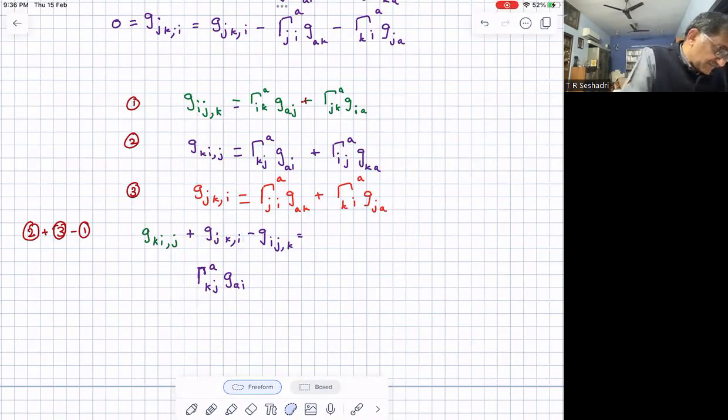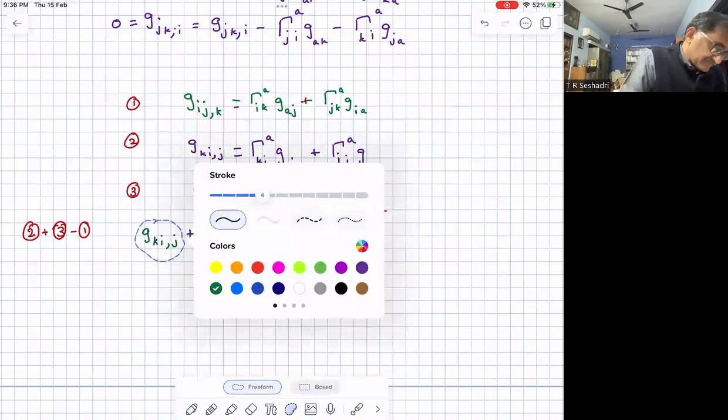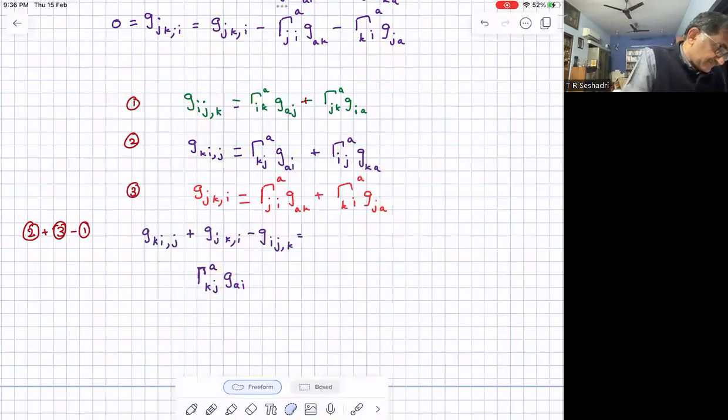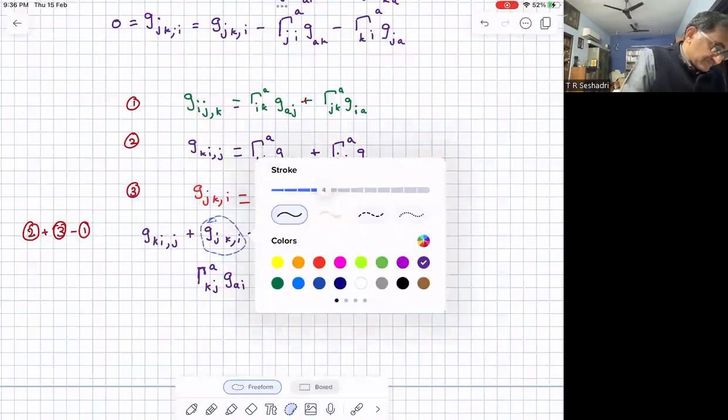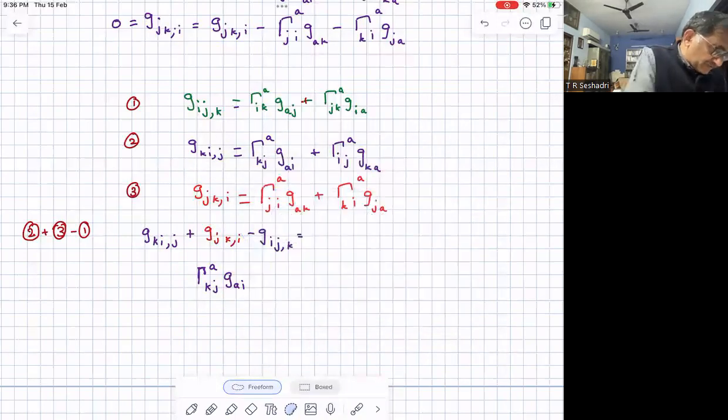This is okay. Oh no, Kij is purple. I'm just doing so when you are actually going back and looking at it, then it's easier for you to follow.